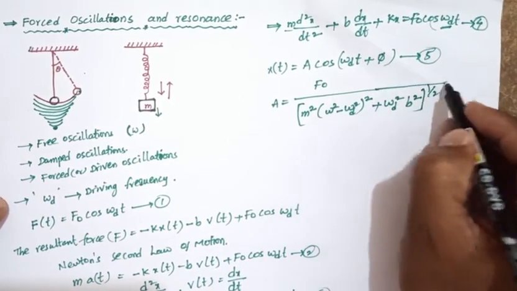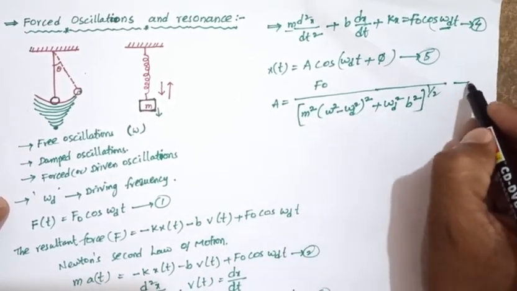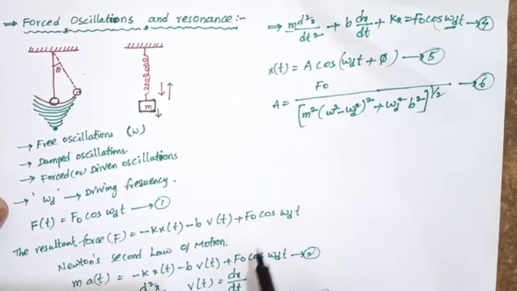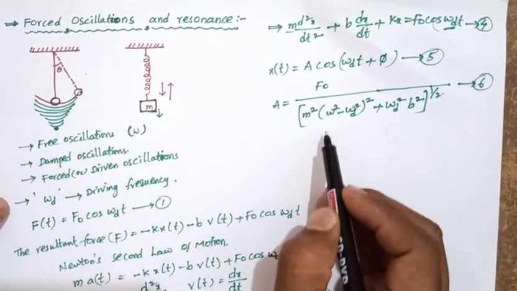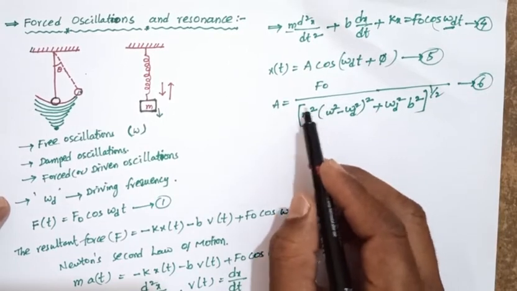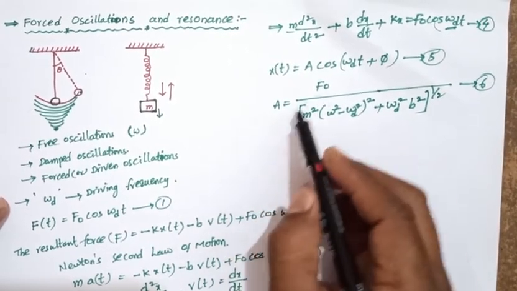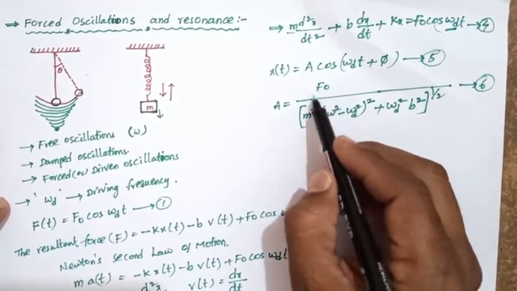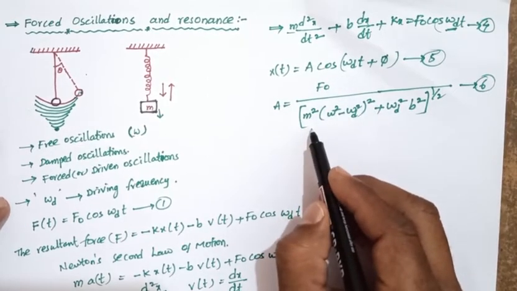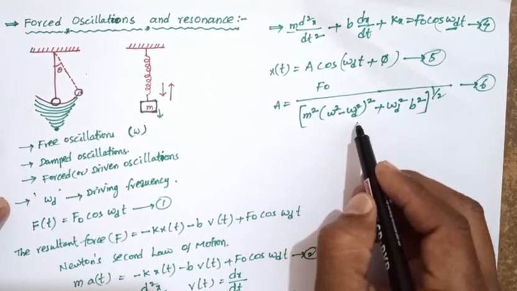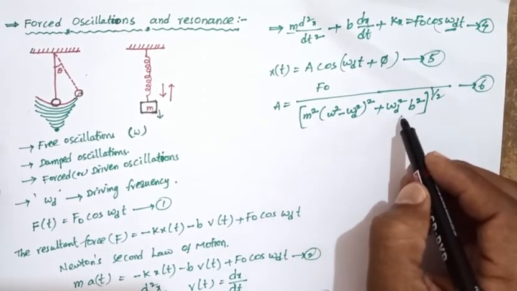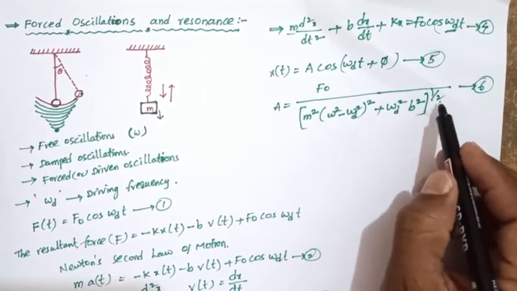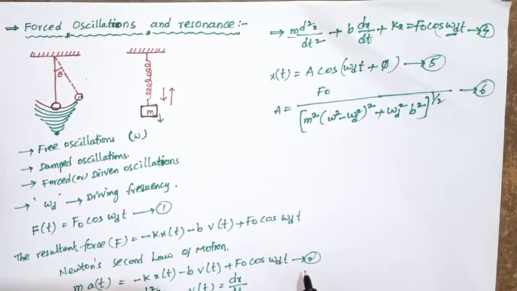So this is the amplitude equation, equation number 6. Amplitude of forced oscillations or driven oscillations A equals F naught by m square root of omega square minus omega d square whole square plus omega d square b square, to the power of 1 by 2.